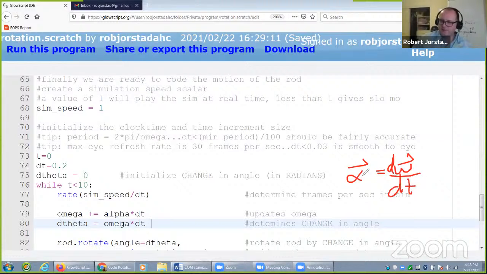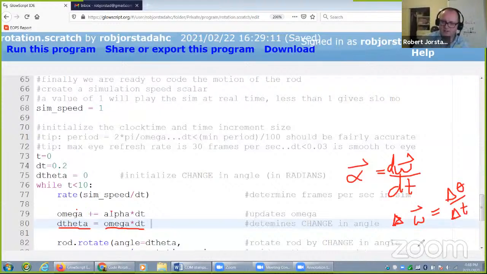Now, we could also just do this as a scalar in this case, which I believe is what I was working on here. I think omega and alpha were both scalars for us, since we're just doing this rotation in a single direction. And then here, I chose to do this slightly differently than before. So look carefully here. You might say, well, why don't I just do omega equals delta theta over delta t?